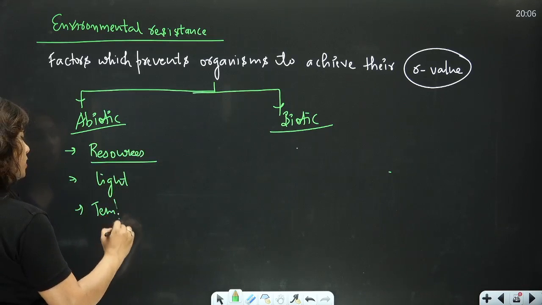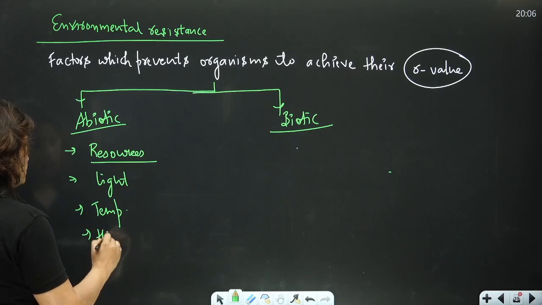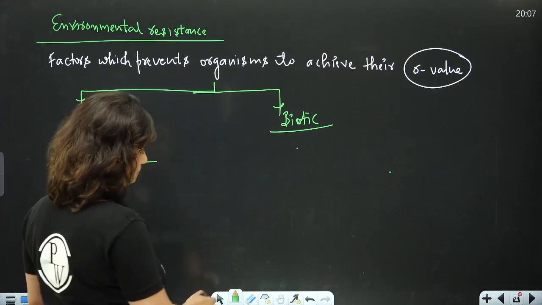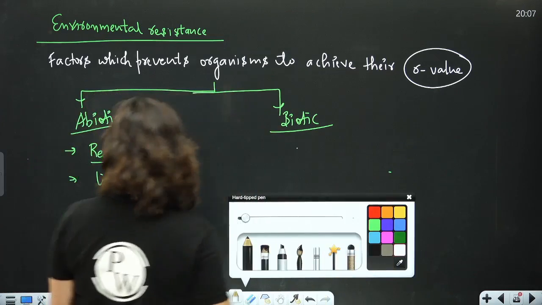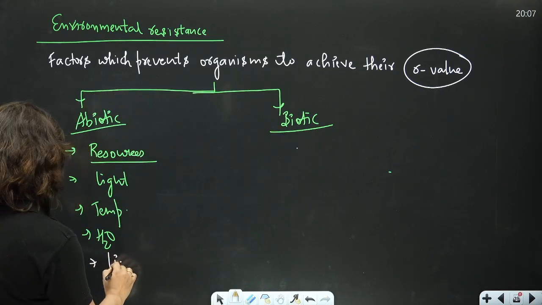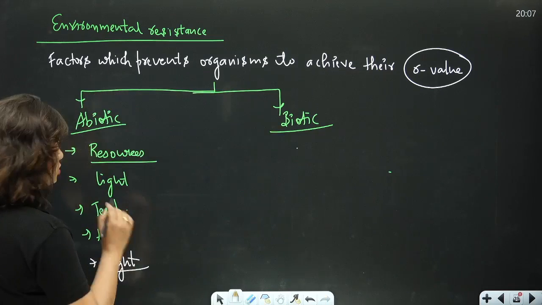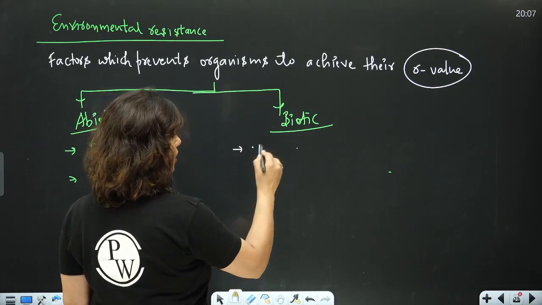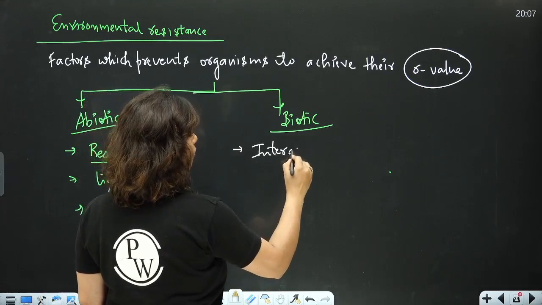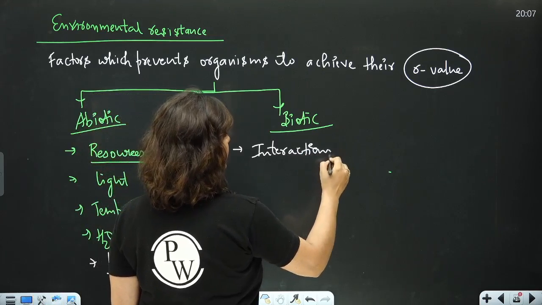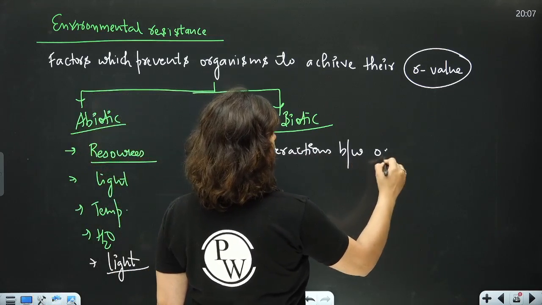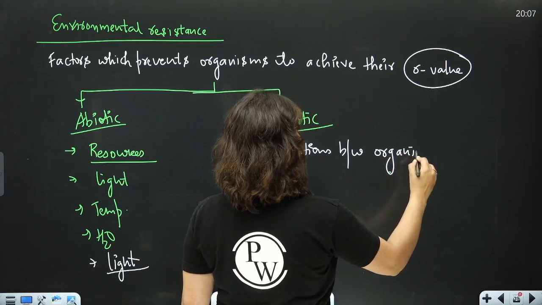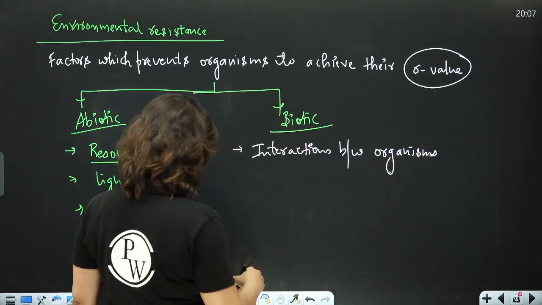Availability of water. These are the things which control the population growth. Biotic, obviously, is the interaction between the organisms. How in a population they are interacting with each other. So interactions between the organisms like predation.